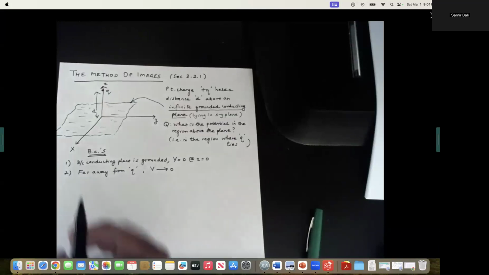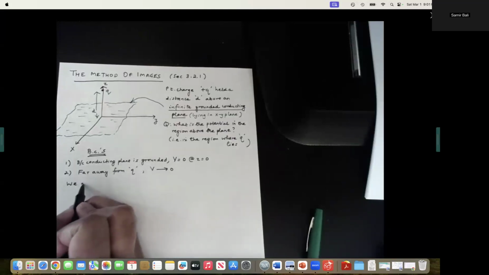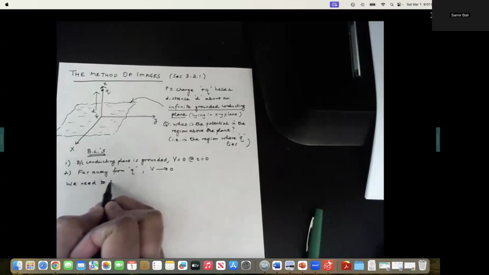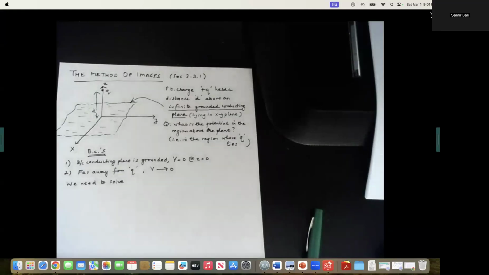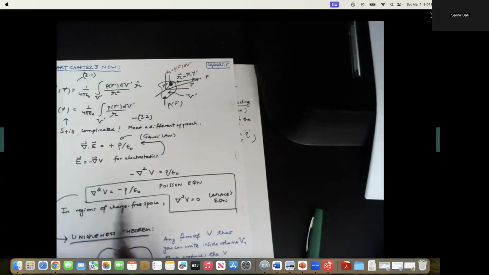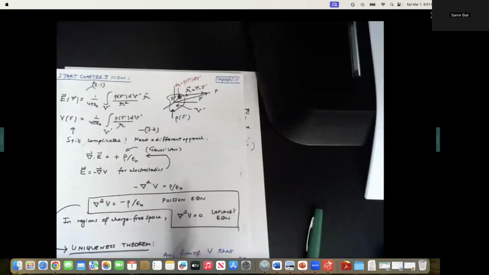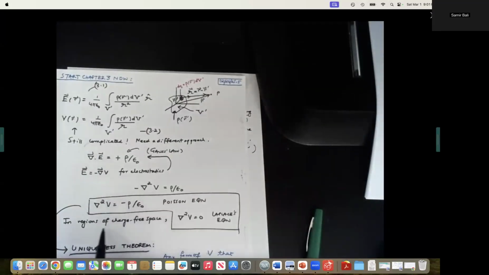And what we need to do is we need to solve Poisson's equation. Remember Poisson's equation? That's Poisson's equation from the last lecture. And in regions of charge-free space, the right-hand side becomes zero and you have Laplace's equation. But here there is a charge, Q, right?